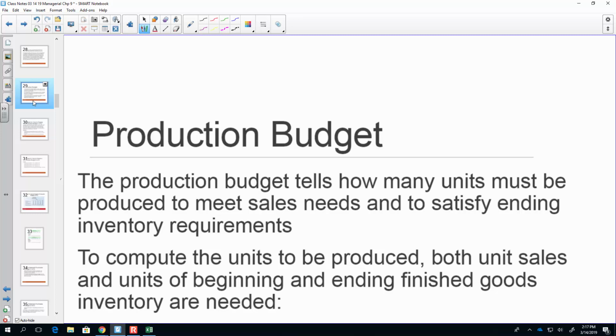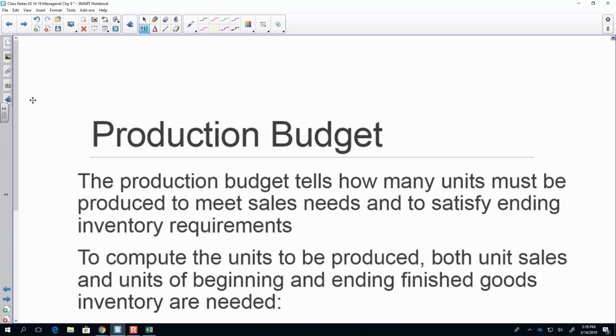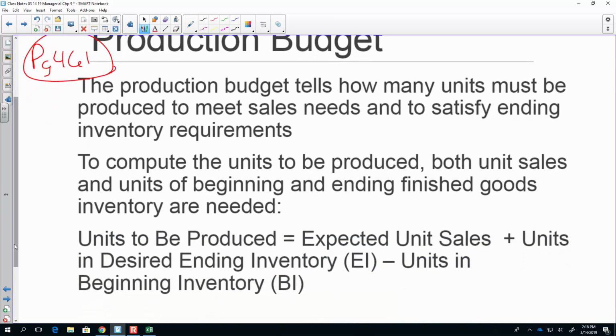This report tells our VP of Operations what to plan for, what to make. The production budget begins on page 461 of our book. It's purely a unit-based report. The goal of this report: how many units do we make to meet the sales expectations or budgets?